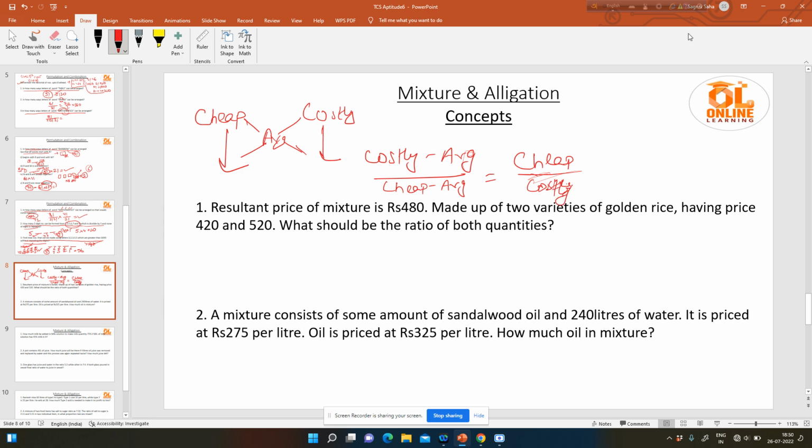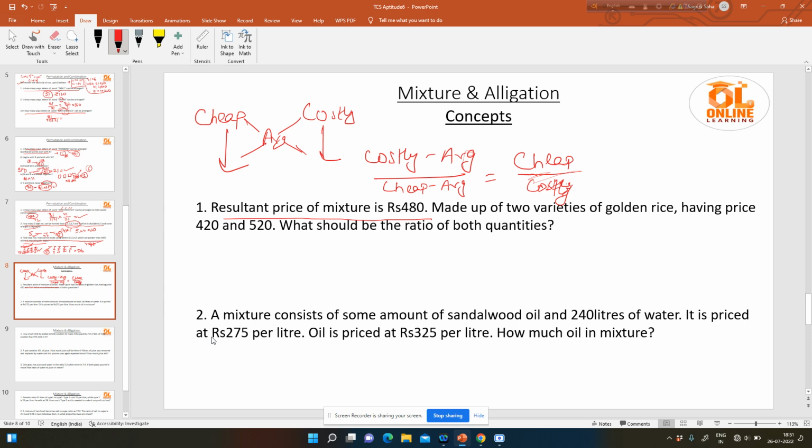Now let us move to the question. When we do the question, you will get to know this concept better. The question is, the resultant price of a mixture is rupees 480. It is made up of two varieties of golden rice having prices rupees 420 and 520. What should be the ratio of both the quantities?